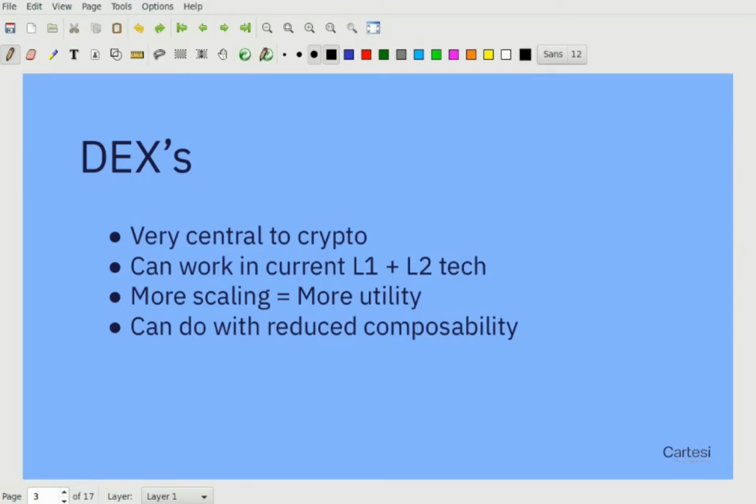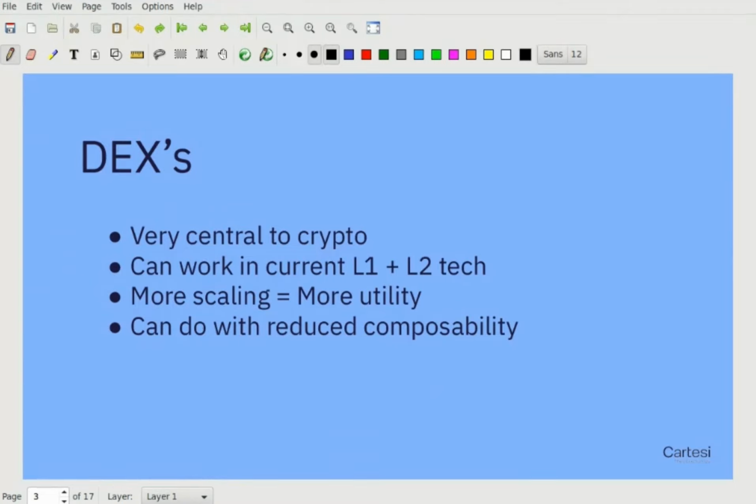Ordinary people could not go to the exchange because there wouldn't be enough paper processing power to handle all the individuals. As soon as it became digital, people could participate. And then from there on, the digital part became faster and faster, so you could already put bots and automated things on top of it. So the more scalability you give to the exchange, the better it is for the system, the more utility it gives to the community.